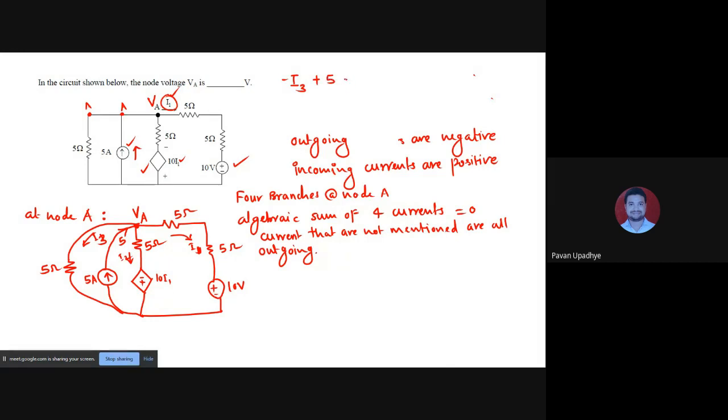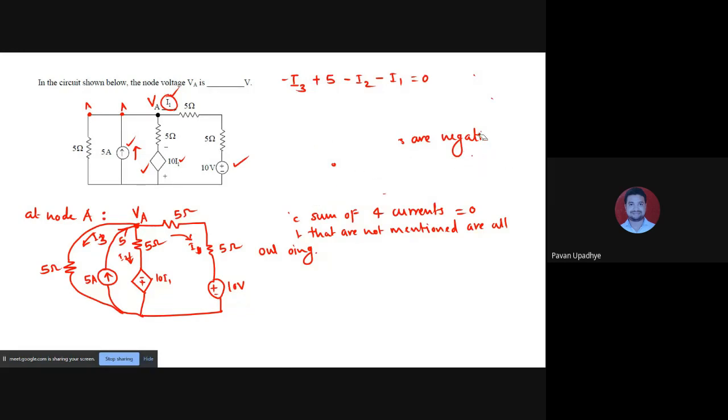I2 is moving away, so minus, and I1 is also moving away from the node, so minus, equal to 0. This is the simplest step that you should do first, instead of making it complicated and unnecessarily difficult for you.